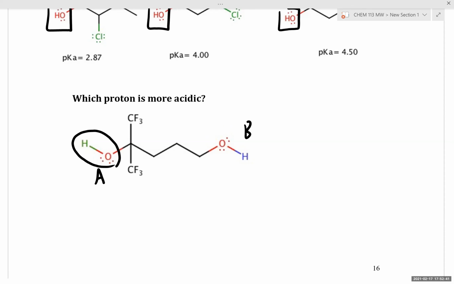Because it's closer to the withdrawing group. Yep, exactly right. So in general, inductive effects scale with distance, and proton A is closest to our two electron withdrawing groups. So you're absolutely correct in that proton A would be more acidic. Any questions on this example?